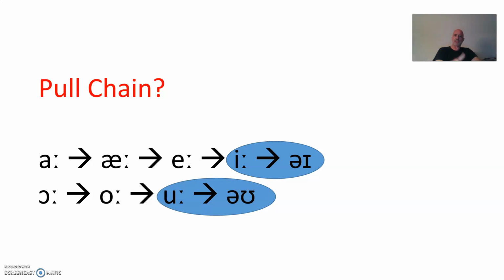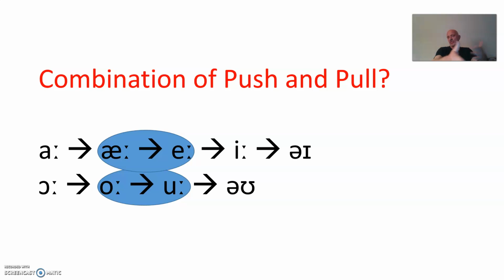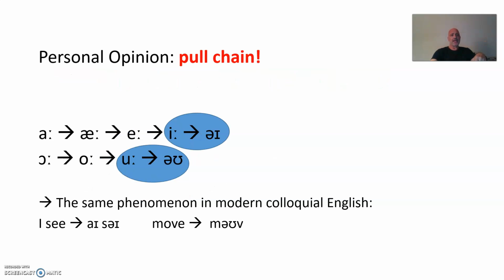Same on the velar side: oo becomes a diphthong, and then there's a vacancy, no oo anymore. Languages want to have oos, and then the next vowel becomes oo, and so on. A combination is if it started in the middle, pushing away and pulling. This would be a combination of push and pull, a theory which has often been advanced as far as the Great Vowel Shift is concerned, which I don't adhere to.